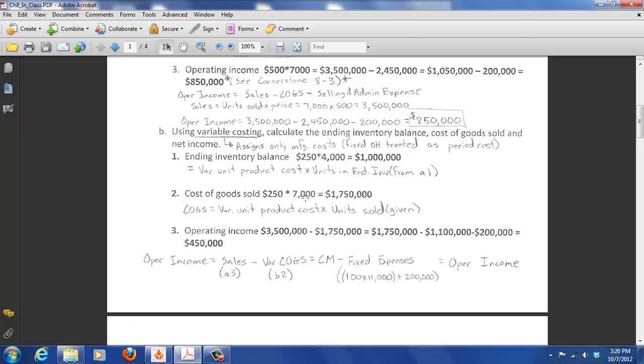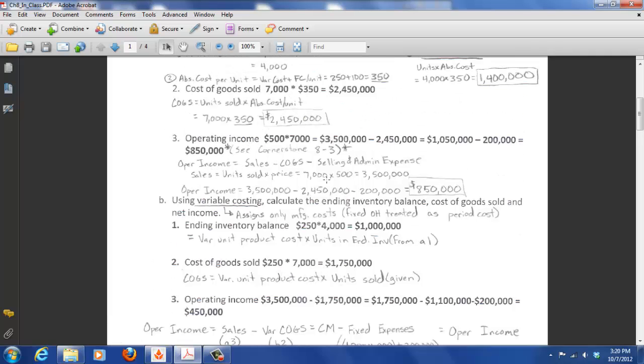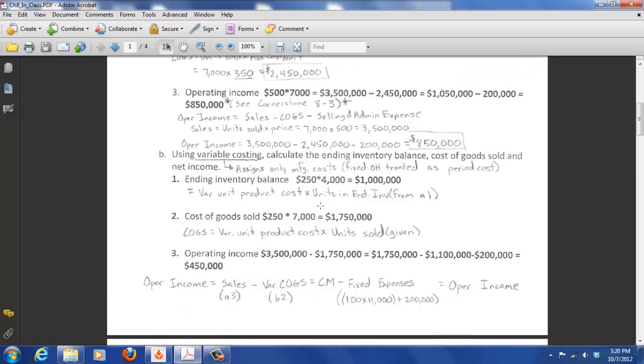We make that multiplication, and our cost of goods sold is 1.75 million. If we look back at problem A using absorption costing, the cost of goods sold was 2.45 million. So you can see how that disparity starts to play out.